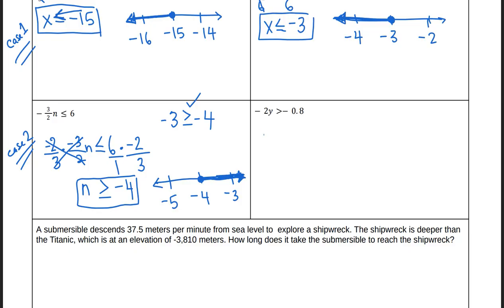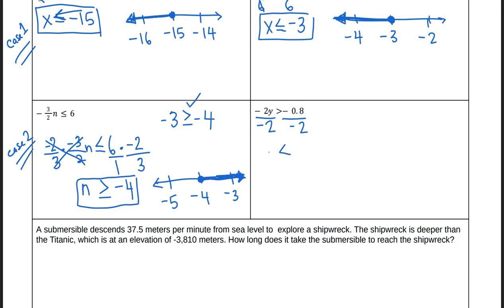So last one, we have negative 2y greater than negative 0.8. So this is being multiplied by negative 2, so I'm going to divide by negative 2. Immediately, because I divided by a negative 2, I already know that I'm going to flip this sign from greater than to less than. So I'm just going to get that flip over with.